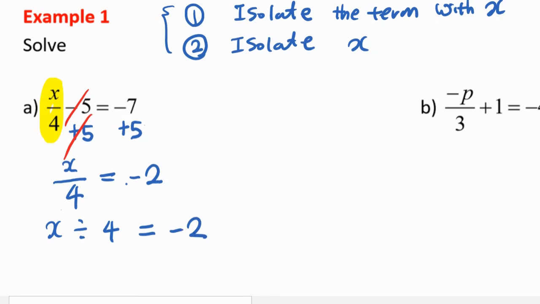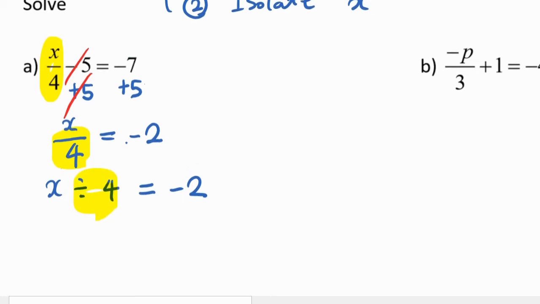This division bar is the same as division, okay? So I want to cancel this division to isolate x. How do you cancel it? What's the inverse operation of division? That is multiplication, okay?